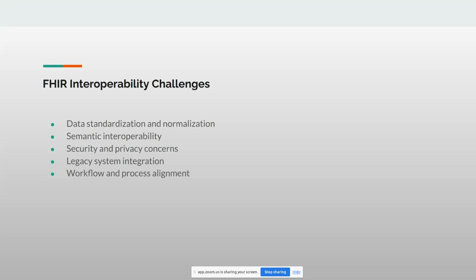And the third point is security and privacy concerns. Since this data is much more important, there are certain compliances that should be followed if we are accessing this kind of data. So FHIR provides various mechanisms for authentication and authorization, encryption, all that kind of thing.